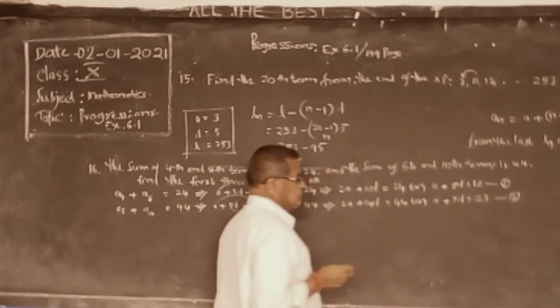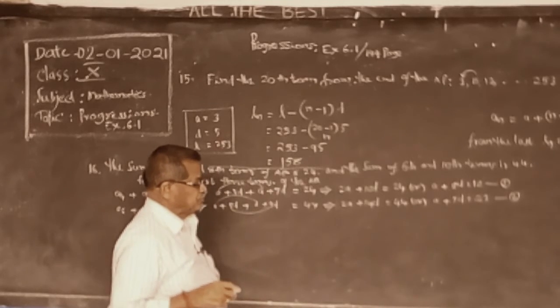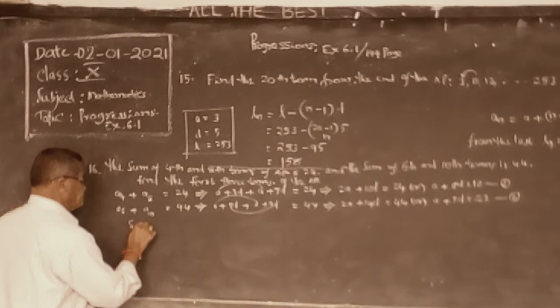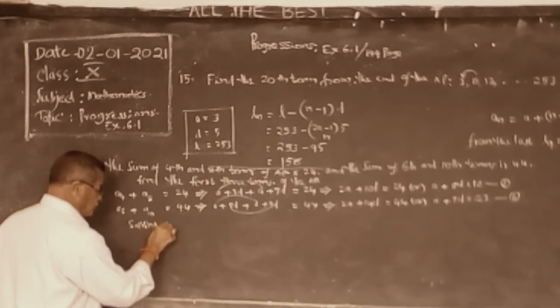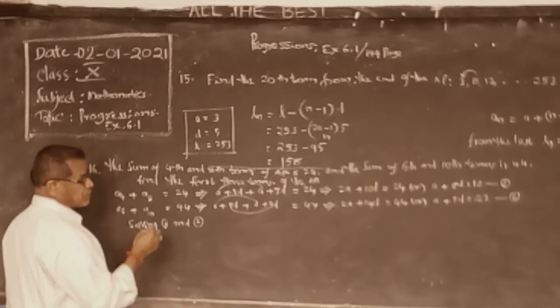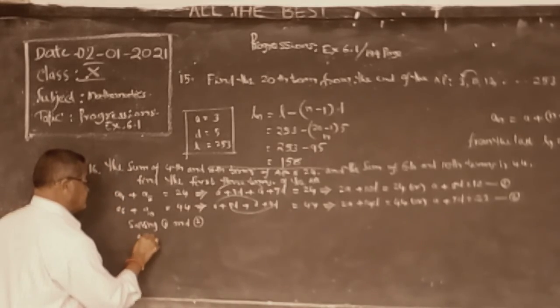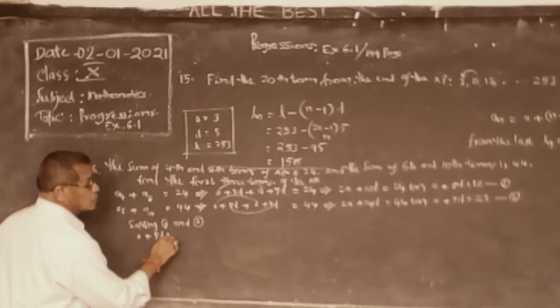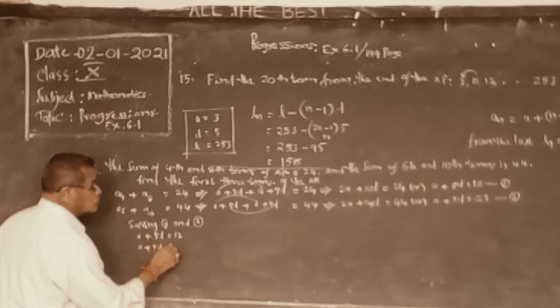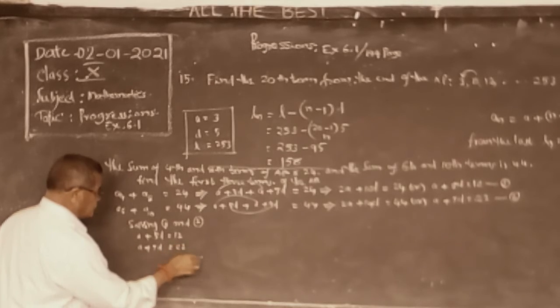Second equation. Solving equations 1 and 2. First equation, A plus 5D is equal to 12. A plus 7D is equal to 22.